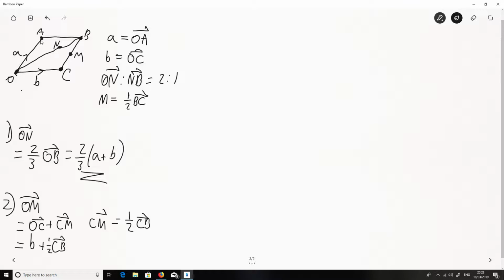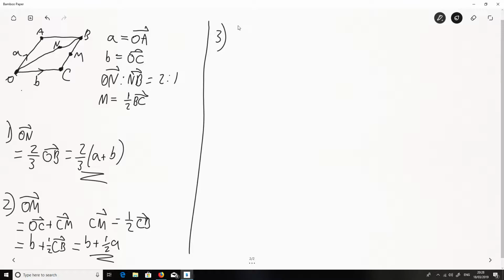So half of OA is equal to half of CB, and substituting that in, you get half A as the distance CM. So that is equal to B plus half A. And that's our final answer: B plus 1/2 A.